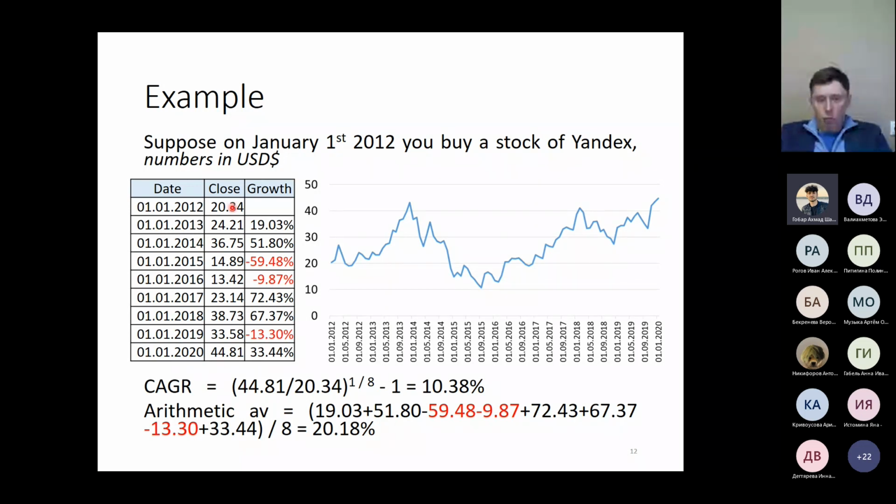There are 9 prices here and 8 returns. And this 8 is the number of steps, of years within this period. How many years passed from January 2012 to January 2020? It's 8 years.